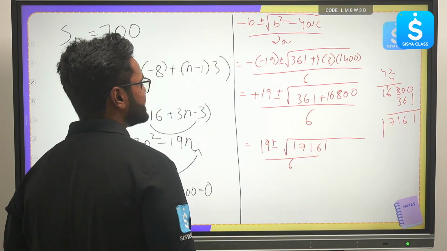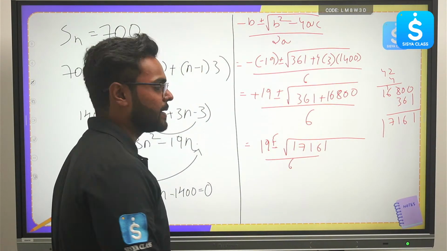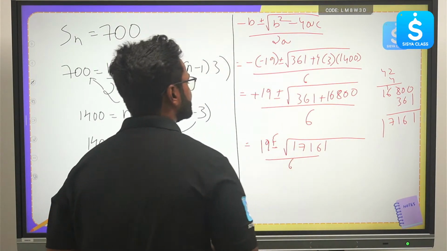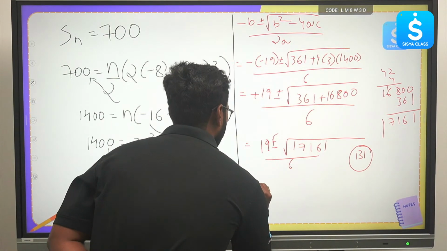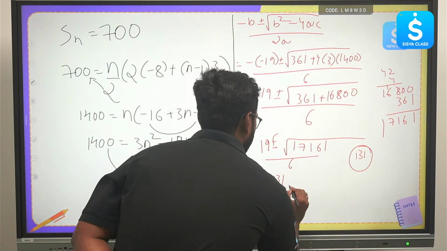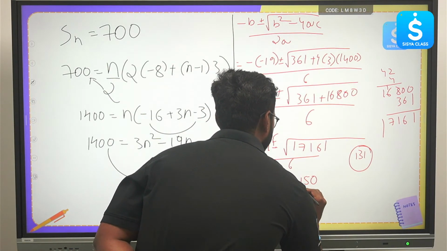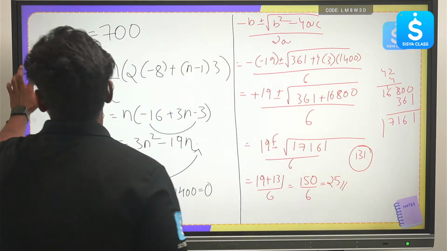We will consider only the positive case because the terms can't be negative, right? And the root of this number would be 131. We would be getting 19 plus 131 by 6, which is 150 by 6. That is equals to 25. Okay, we found out n.